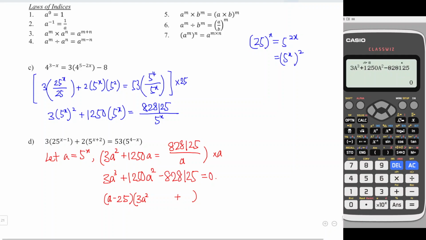So we take 828,125 divided by 25, and we obtain 33,125 equal to 0. Then what we need here is 33,125 times a.